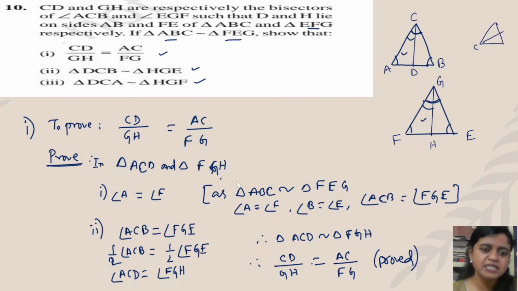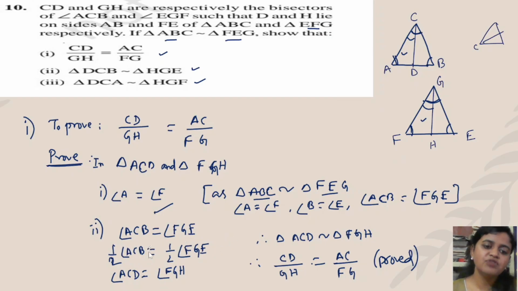So for this case we have to find only two conditions. It can be AA, SSS, ASA, or SAS. We find angle A, this one and this one, is equal to each other because triangle ABC and triangle FEG are similar, and for that case angle A and angle F are equal to each other. That means the full angles will be equal. Next, angle ACB and angle FGE are equal to each other.